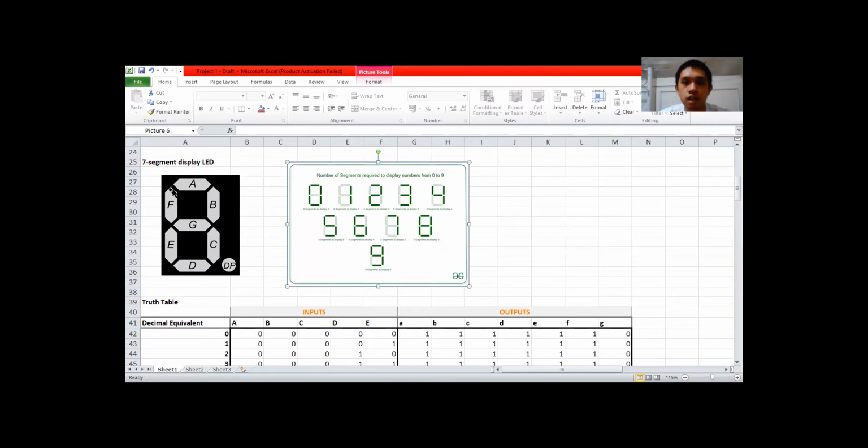So each of these segments will either light up or not, depending on the required output, which will be displayed by the LED.